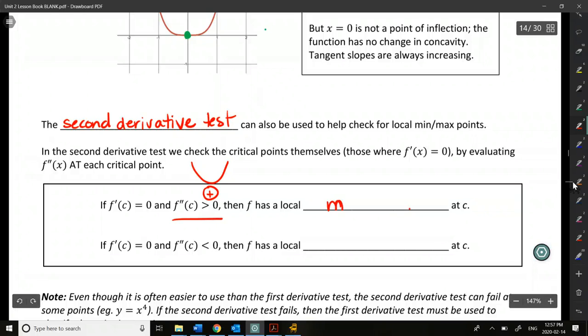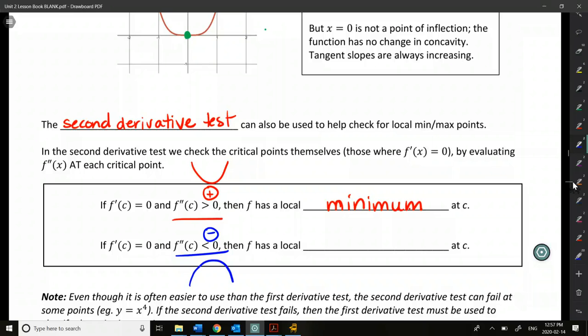So if the area is concave up, we must have a local minimum at that point. And if the second derivative is less than 0 or negative, that tells us we're concave down, so our critical number must be a local maximum. Okay, so those are really quick ways that we can test critical numbers.